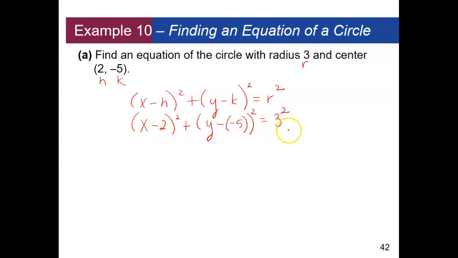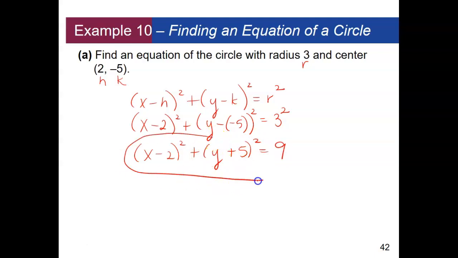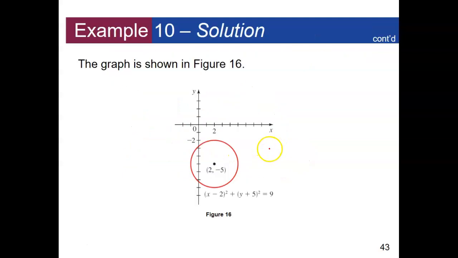So just plug everything in and then simplify. We've got (x - 2)², this will be (y + 5)², and then this is going to be 9. So this is my equation for a circle that's centered at (2, -5) and has a radius of 3. And this is just a graph of that.